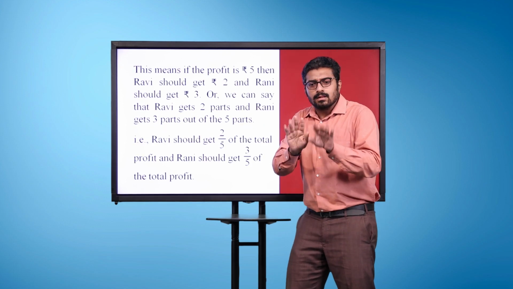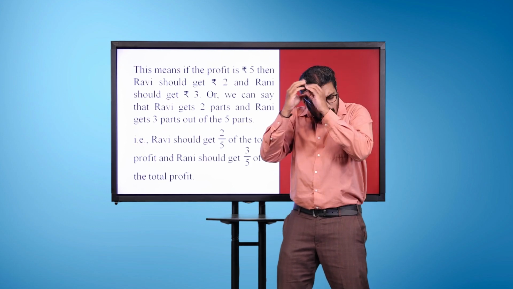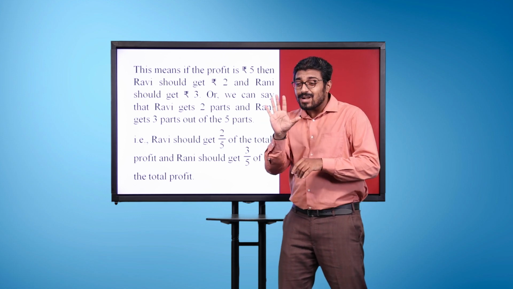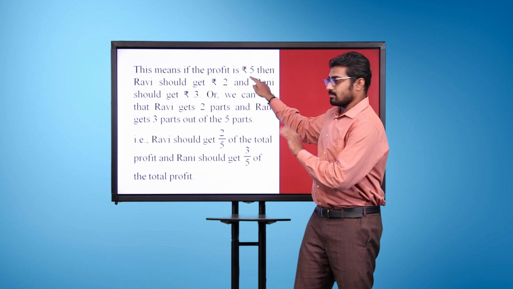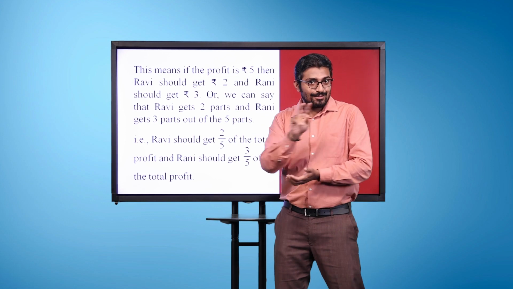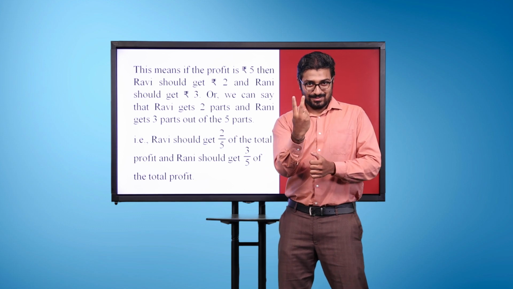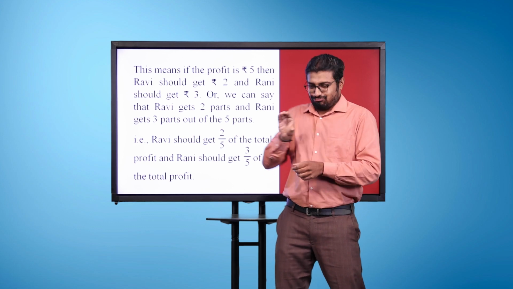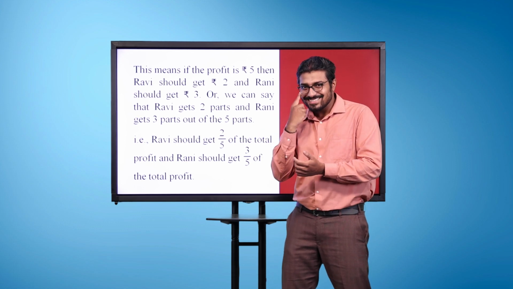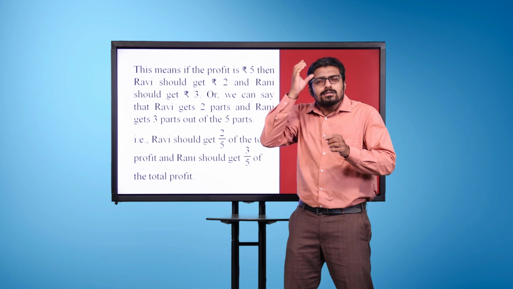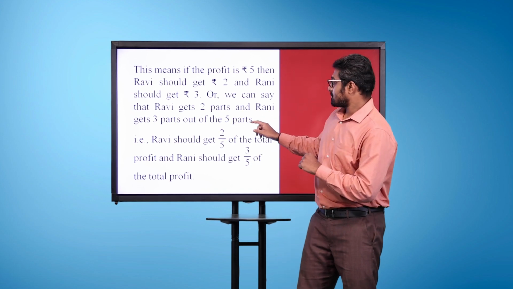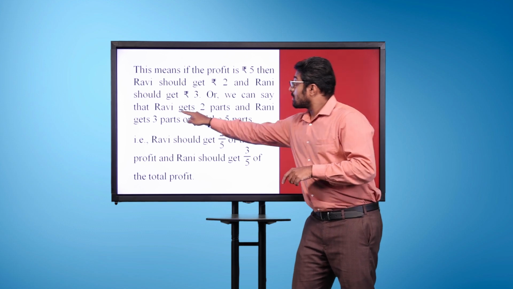This means if the profit is 5 rupees, then Ravi should get 2 rupees and Rani should get 3 rupees. Or we can say that Ravi gets 2 parts and Rani gets 3 parts out of the 5 parts.